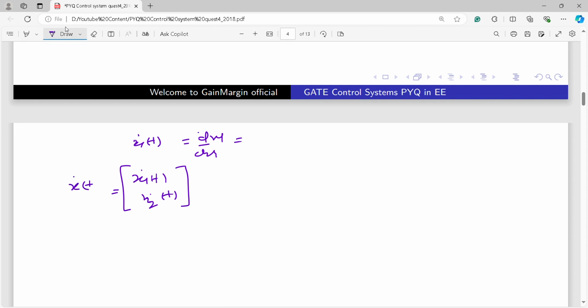This is a matrix we need to find out, the state matrix A, multiplied by x1 and x2.